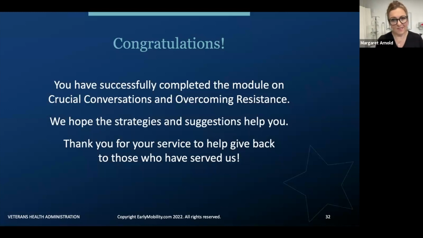But we hope that the message is clear: by identifying your own style, by identifying when you can see these conversations and conflict scenarios being set up, and some strategies to overcome them, you will find your own ways of saying things, of setting things up, so that you can be as successful as possible in your role.